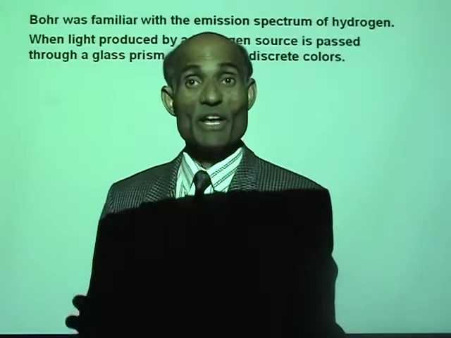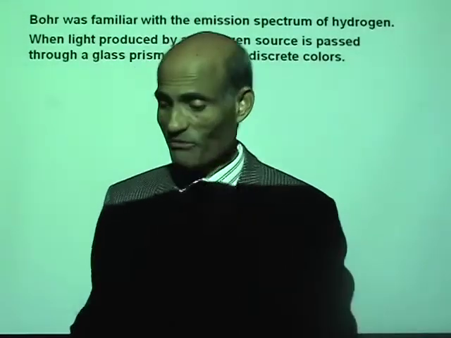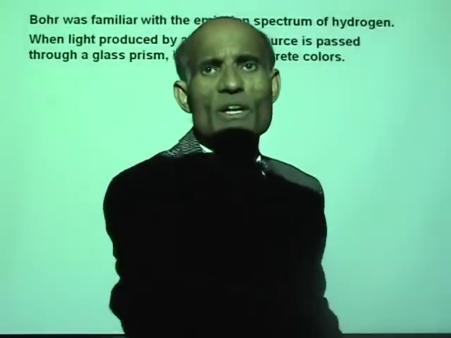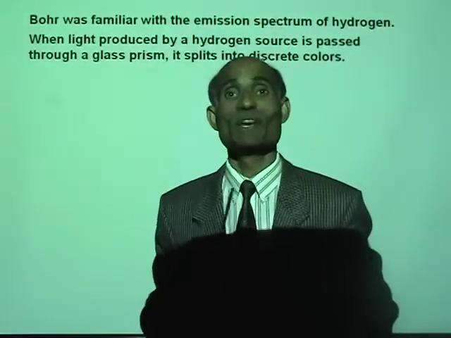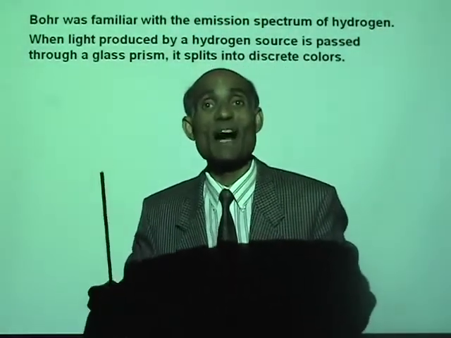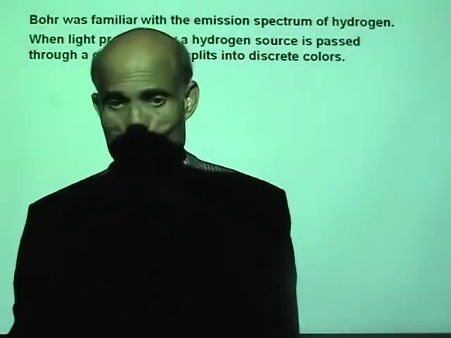You have seen the three colors given off by the light emitted by hydrogen. Now, Bohr was familiar with this phenomenon. What phenomenon did we talk about? When light produced by a hydrogen source is passed through a glass prism, it splits into discrete colors.